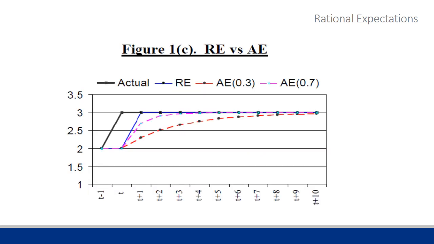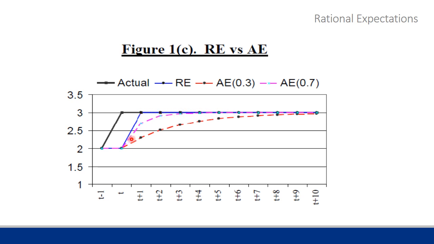And we can see that in the graph here. We have actual reality, which is that inflation was 2% and jumped up to 3% in period t and stayed there forevermore. Under rational expectations, the blue line, there was a 1 period lag, and then rational expectations caught up after 1 period and was accurate forevermore.